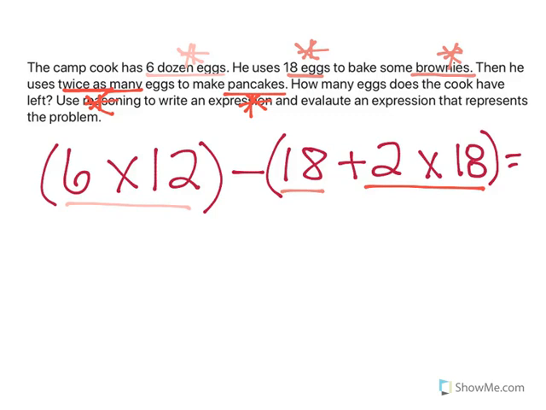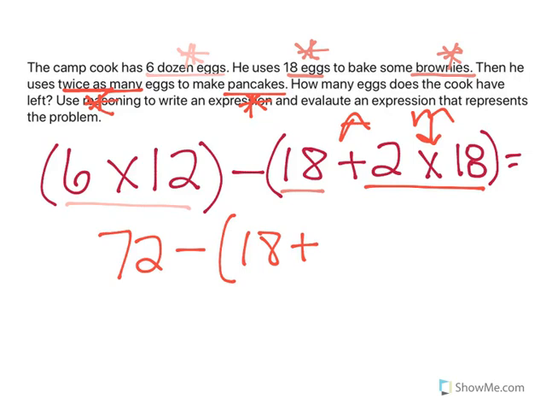So 6 times 12 is 72. And then in our parentheses, we're going to have to do our multiplication first, because again, multiplication comes before addition in our PEMDAS. So we have 18 plus, and then 2 times 18 is 36. So then we have 72, and then again, we do our operation in the parentheses first.